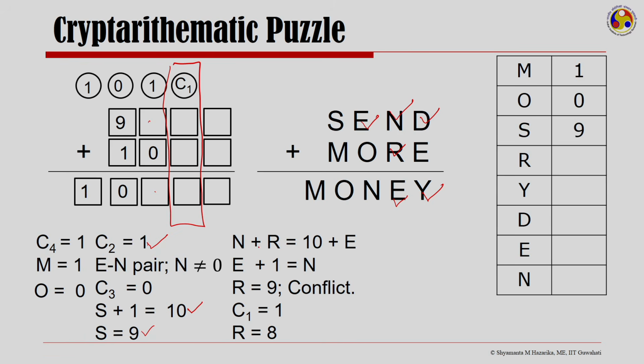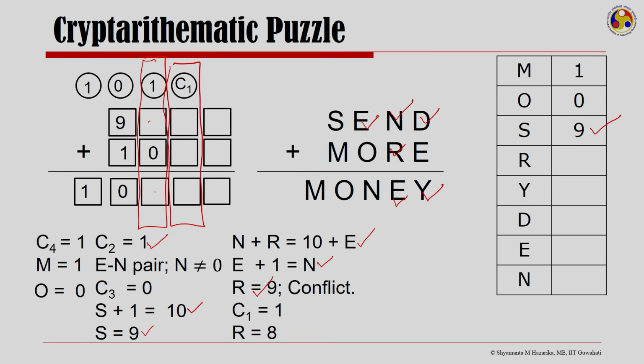So, I write that N plus R is equal to 10 plus E, and already from my third column, I know the fact that E plus 1 is equal to N. Given these two, I can substitute E plus 1 for N here, and then I will have R equal to 9. But the moment I have R equal to 9, I realize that S is already 9. So, there is a conflict.